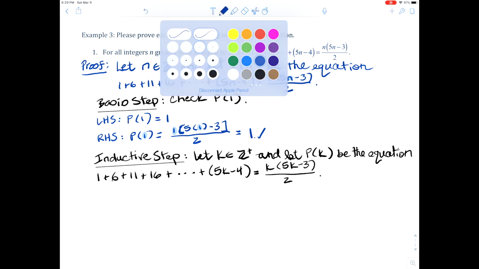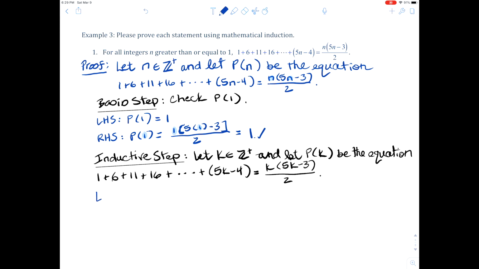Okay, so starting with our left-hand side, we have P at k plus 1 equals 1 plus 6 plus 11 plus 16 plus dot dot dot plus 5 times k plus 1, that quantity, minus 4.